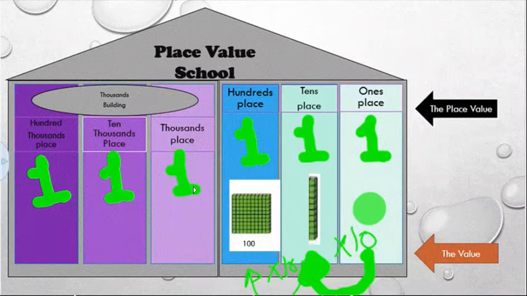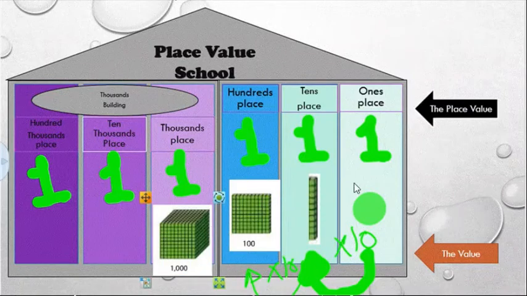And here, look, 1 in thousands. 1 in thousands means what? Is it 1? No, it's 1,000. Look at the cubes. Here, this one is just 1 dot or 1 unit, but 1 in tens is 10 units. The value of 1 in hundreds is 100 units. And what about the 1 in thousands?